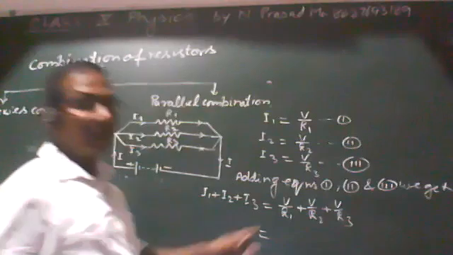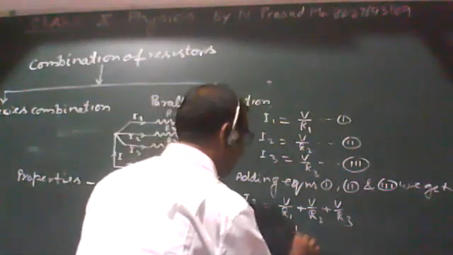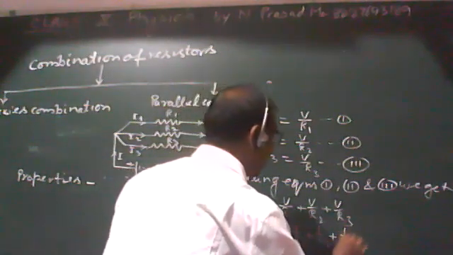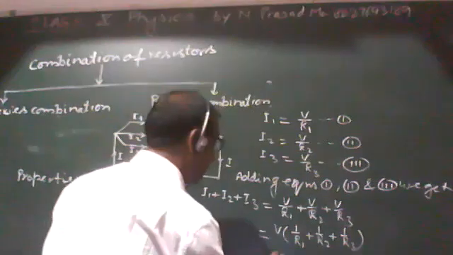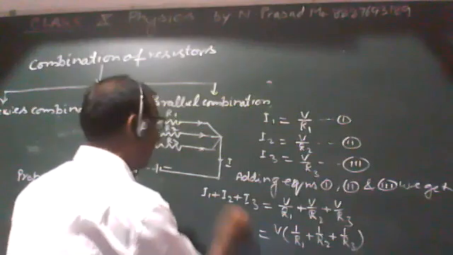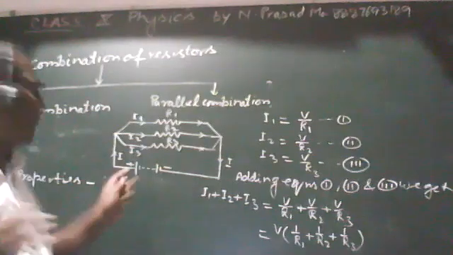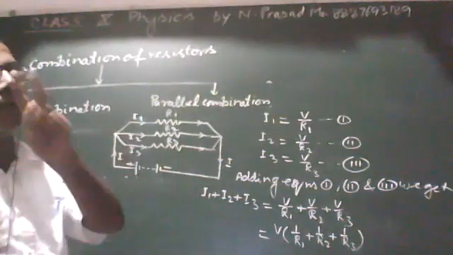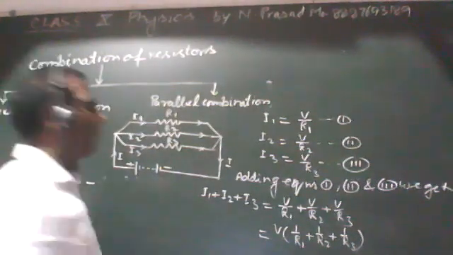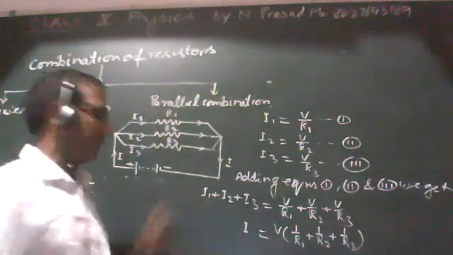V is common here. V times 1 upon R1 plus 1 upon R2 plus 1 upon R3. I1 plus I2 plus I3, the sum of all three currents, is I, because this I is divided into three parts. That's why the sum of I1, I2 and I3 will be I only. That's why we can write here I1 plus I2 plus I3 is equal to I.